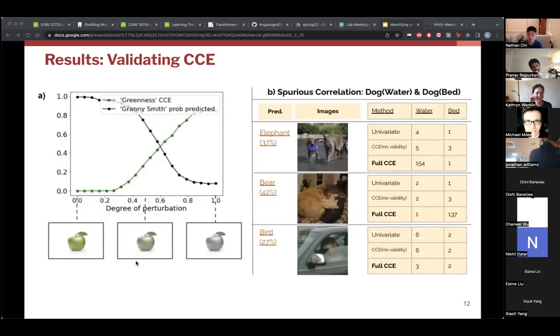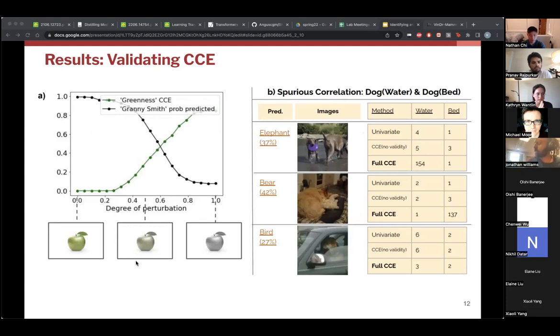We also did some qualitative investigation into the degrees of correlation that you might observe. On the left, the experiment they were running here is they had a model that was trained to identify apples, but they only showed it examples where the apple was in grayscale.